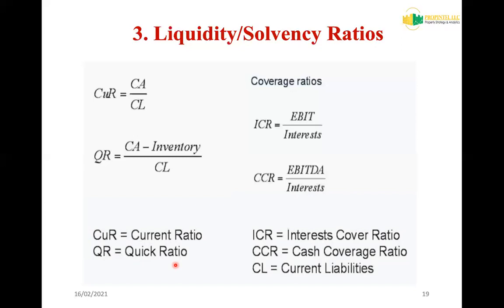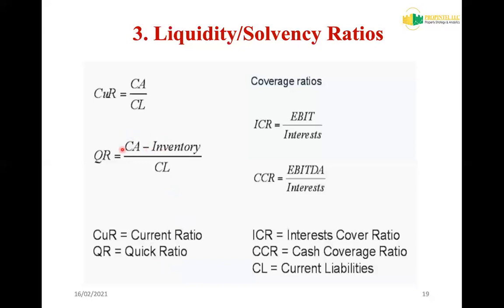So the quick ratio, also called the asset test, is computed by subtracting the inventories from a company's current assets before dividing the result by its current liabilities, as you can see here.